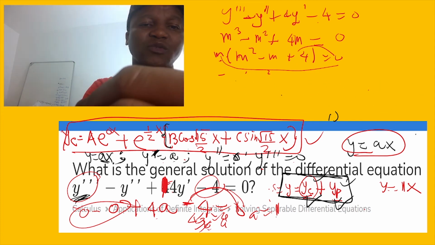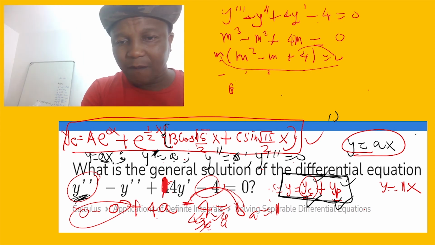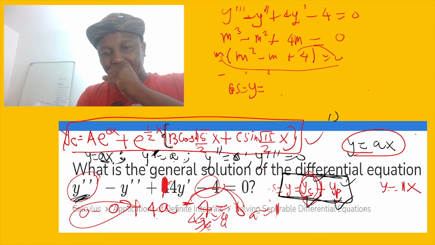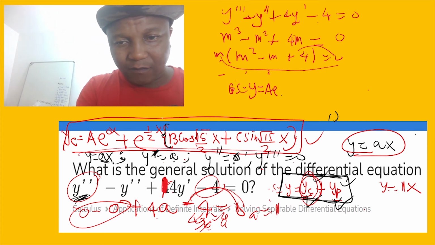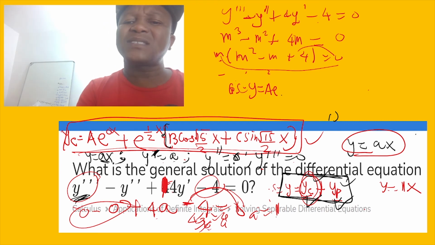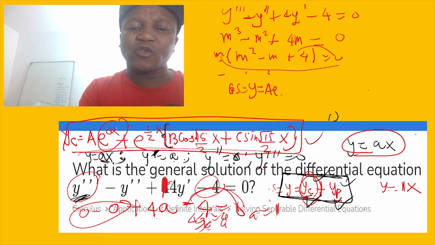So we're going to say general solution, which is y equal to y complementary that we got, which is going to say a e to the 0x. But what does e to the 0x mean? All of this equals 1, because anything to the power 0 equals 1, so e to the 0x equals 1. So a times 1 equals a.